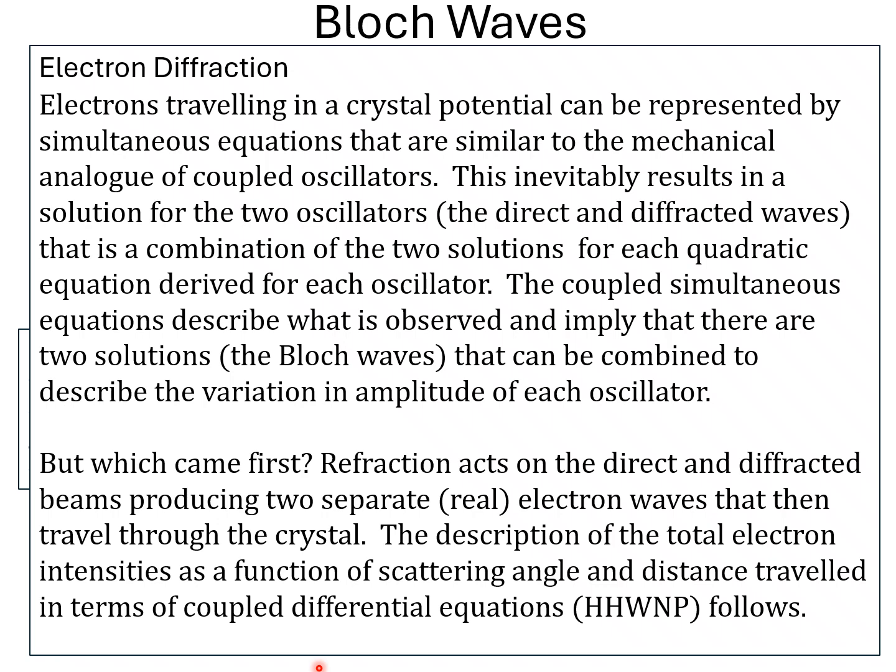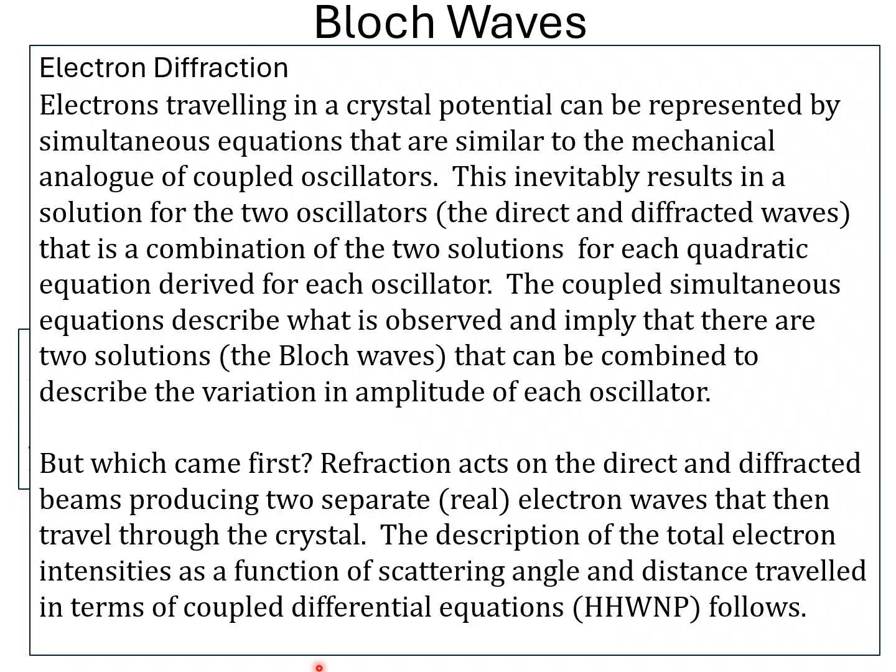One ends up at the same picture, that you have to have in effect two waves for each wave vector in the crystal, one being the direct wave vector and the diffracted wave vector.